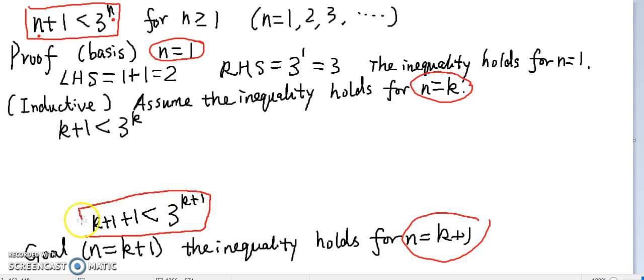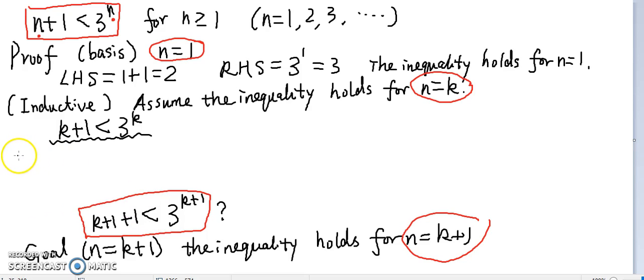k plus 1 plus 1 is less than 3 to the k plus 1th power. So we start with what we know. This here is what we know, and we want to prove this inequality. We try to compare the left-hand sides, to see if we can get k plus 1 plus 1.